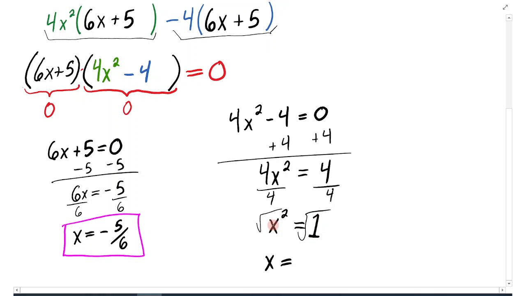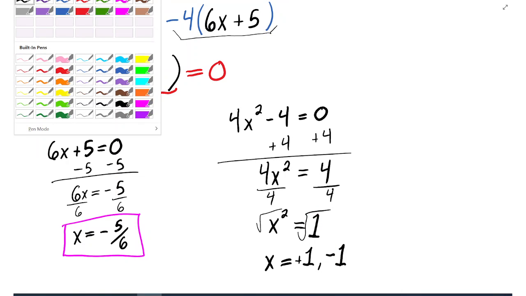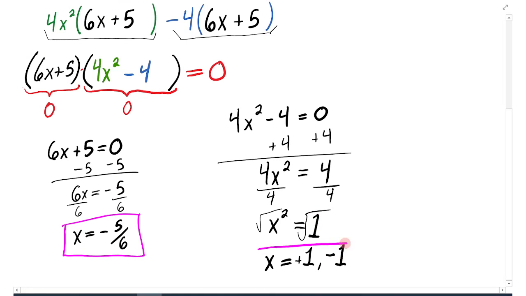What number can we plug in for x that when we multiply it by itself will give us positive 1? And we know that that is positive 1 because 1 times 1 is 1, but also negative 1 because negative 1 times negative 1 equals positive 1. So there we have 2 solutions.